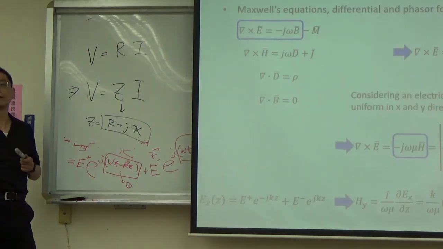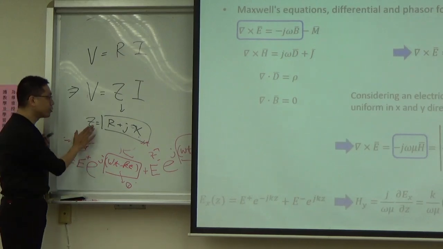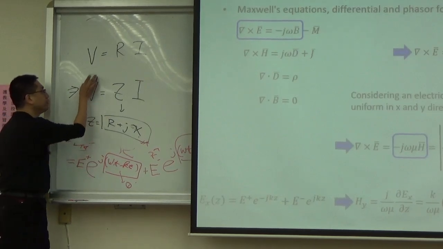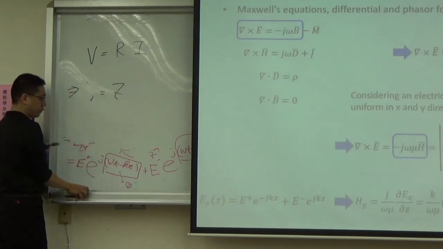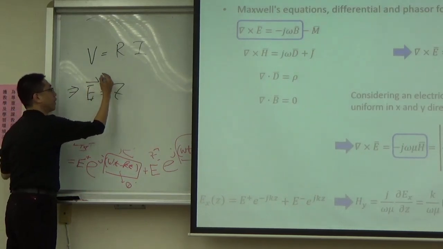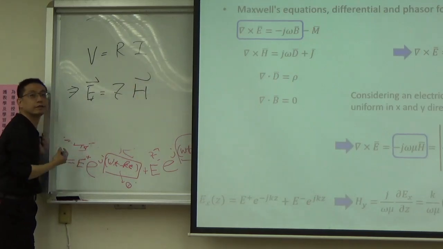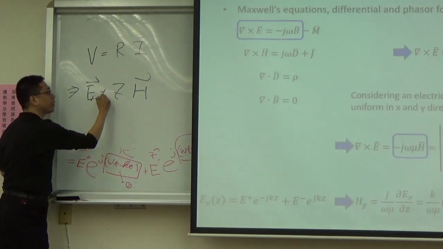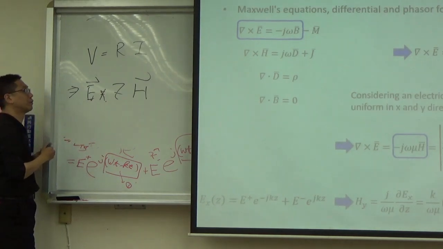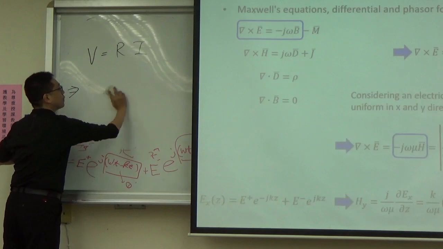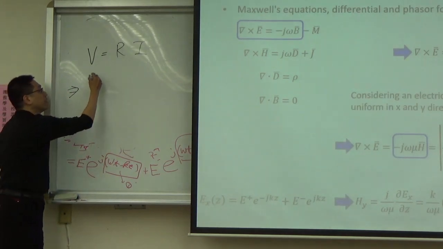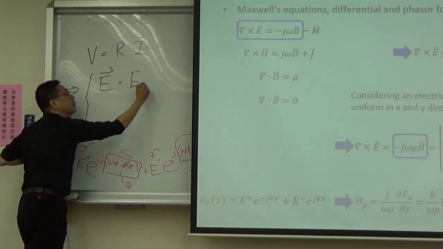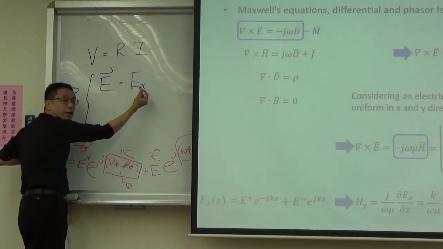For wave, the wave we are talking about here, we're trying to use a very similar way to describe the relationship between the E field and the H field. But the direction, you cannot use this one. So we're trying to say if E equals maybe Ex in one direction, okay?